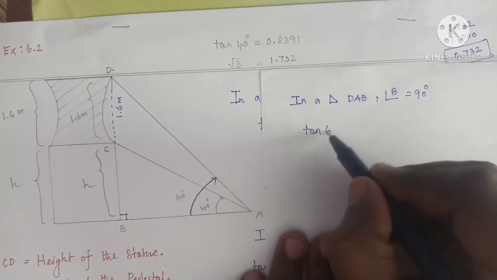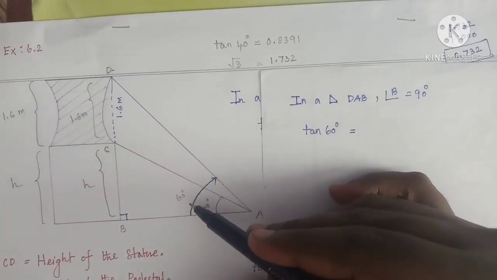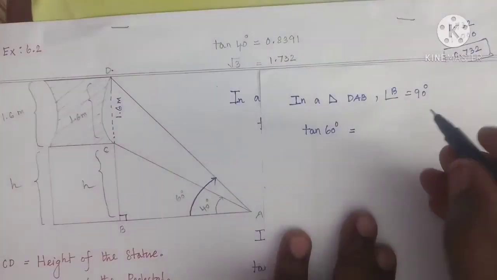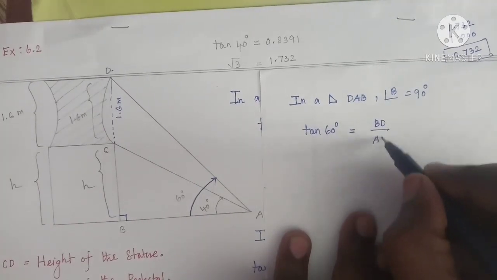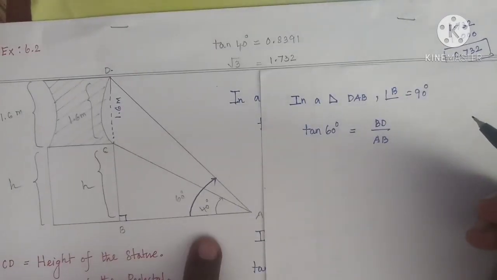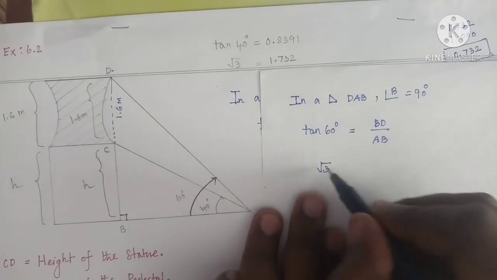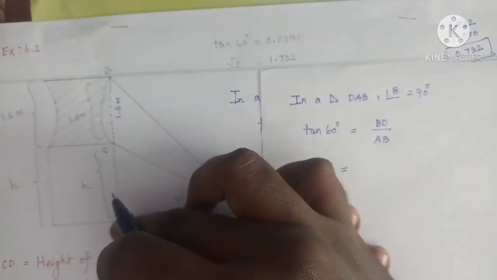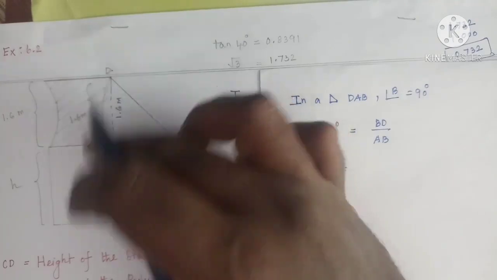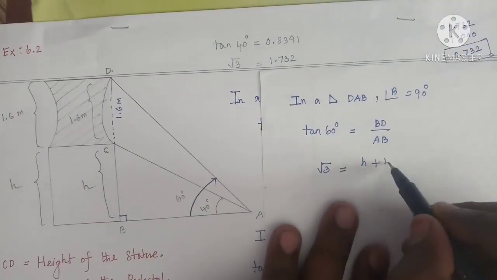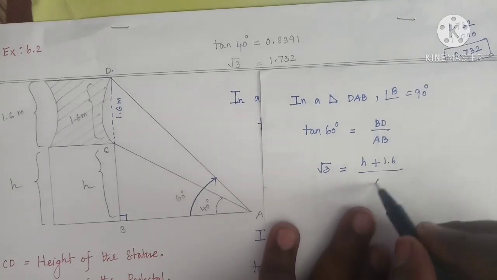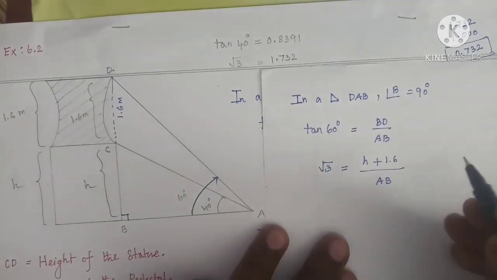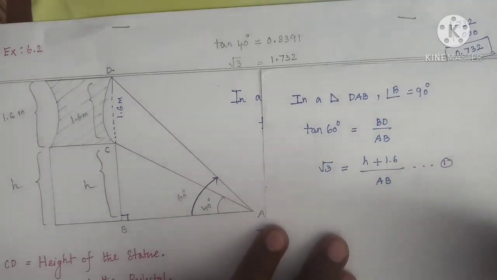So tan 60 degrees equals the opposite side BD by the adjacent side AB. Tan 60 value root 3 you know very well. BD is equal to BC plus CD, so H plus 1.6, divided by AB. This is equation number 1.